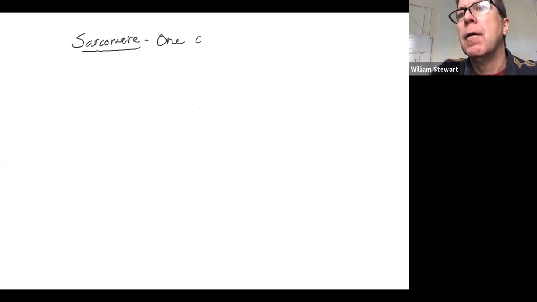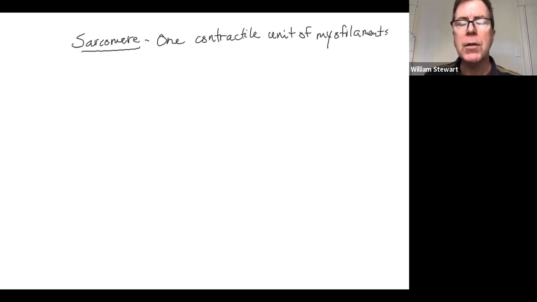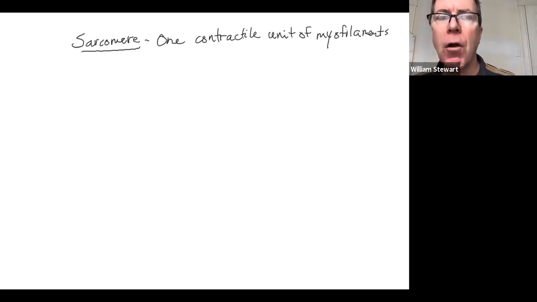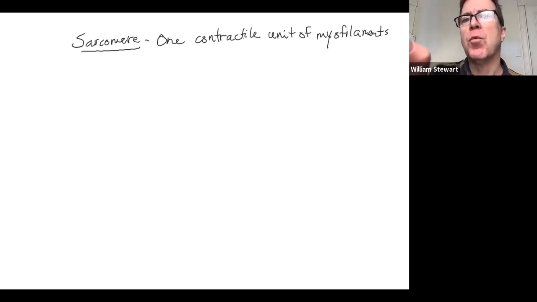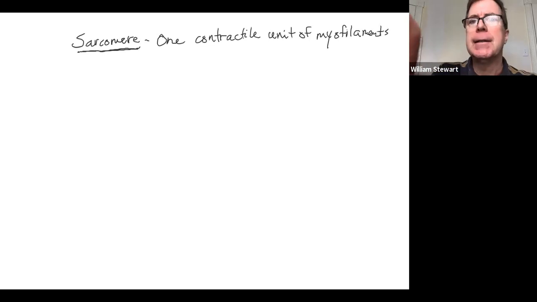One contractile unit of myofilaments. So we have repeating series of myofilaments within a long myofibril, and the word sarcomere refers to just one contractile unit within that structure.